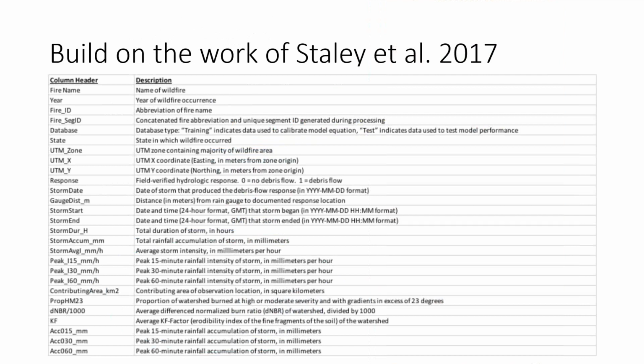There's also location data, UTM XY data. And then there's the time of the storm. Importantly, there's a field called response. Here we have a 0 for no debris flow and a 1 for debris flow.